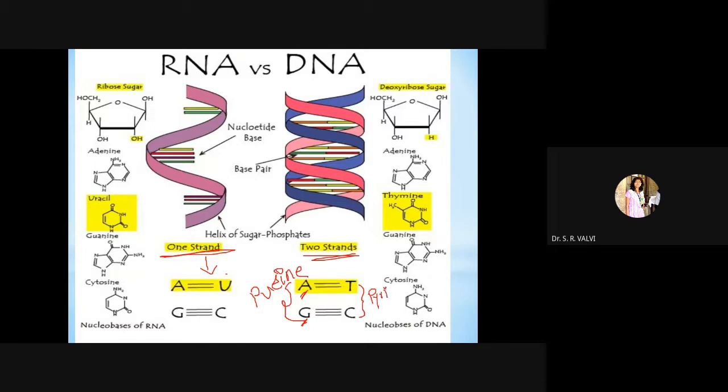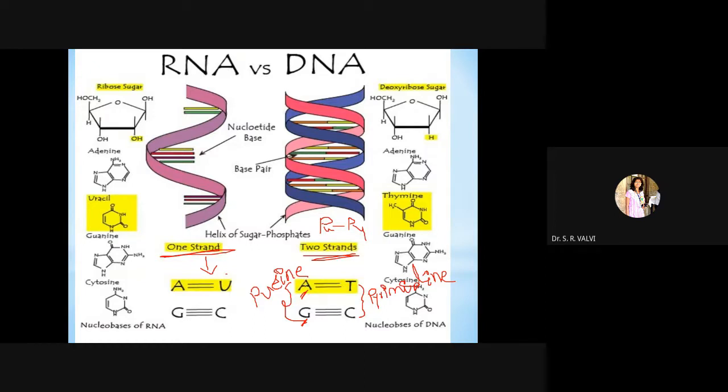So the rule is, I will write here, purine is going to join with pyrimidine bases. So this is the rule.